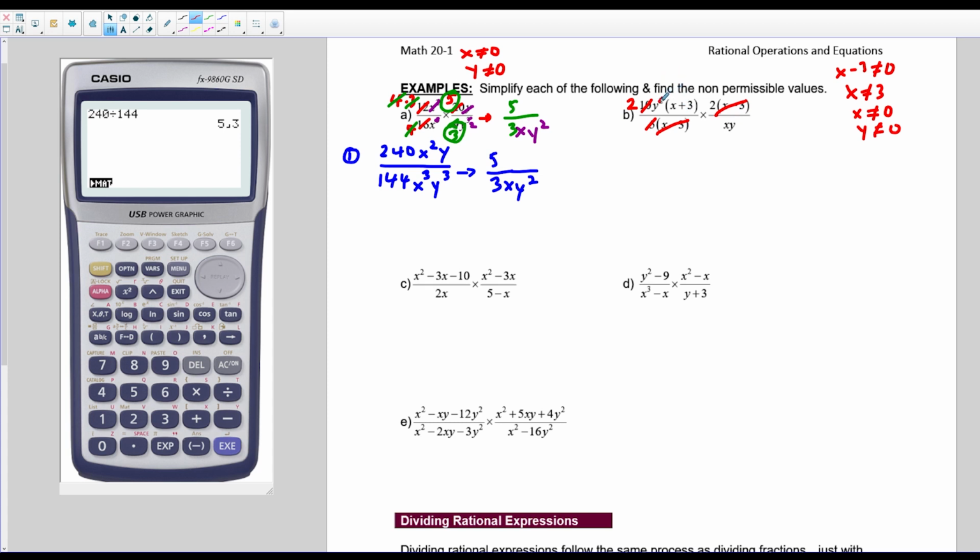I get rid of a single y on top and a single y on the bottom. Once we clean that up a little bit, I've got a 2 times 2, that gives me a 4. I still have that y on top, and I still have an x plus 3 on top. And on the bottom, the only thing left over is just that x.